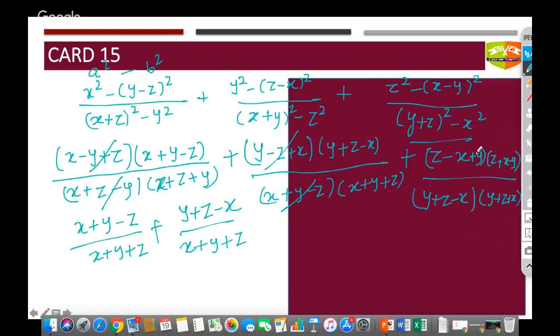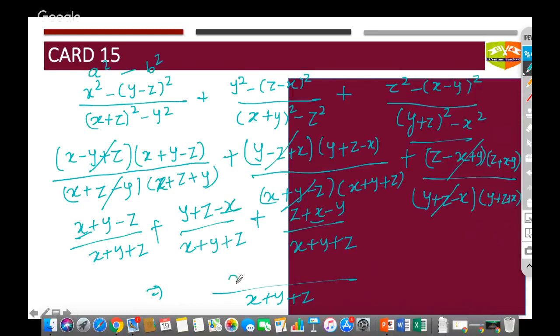So this and this, x + z − y and z + y − x, get cancelled out, and I get (z + x − y) divided by (x + y + z). Now my denominator is the same everywhere, so I write x + y + z. Now you will see 2x are positive here, and 1x is negative.